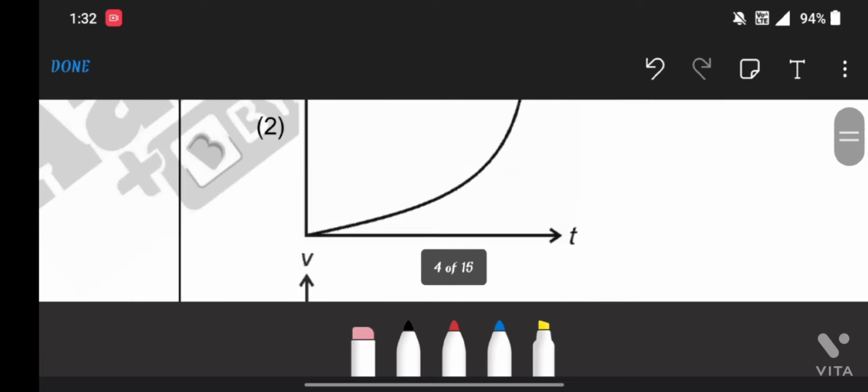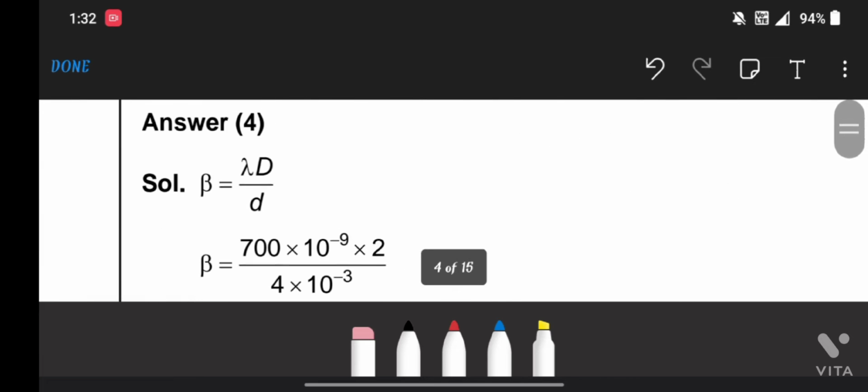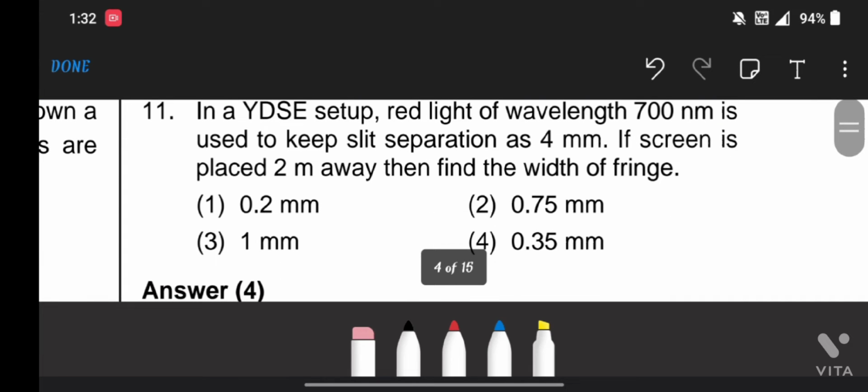Moving on to the next question. The next question they have asked is on Young's double slit experiment.